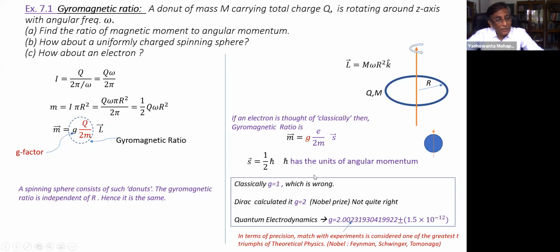But these are all because of quantum mechanics, which you are not dealing with here. But the idea that the gyromagnetic ratio is independent of the details of the geometry is an important idea, and you are going to use it in the next chapter.